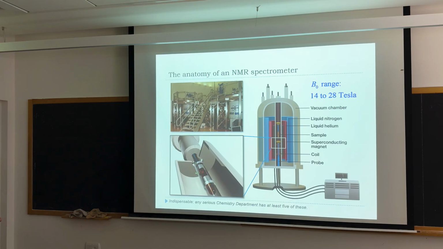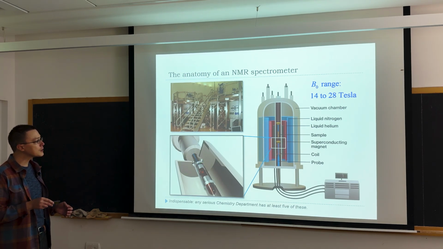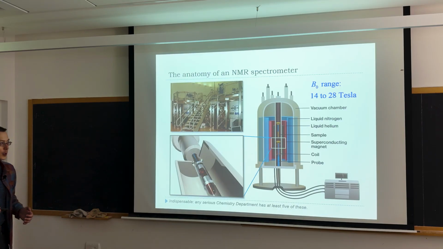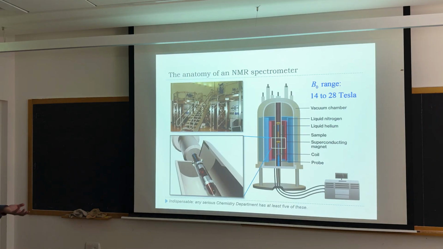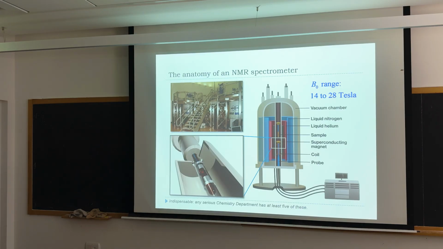That's the typical 5 millimeter magnetic resonance tube, positioned inside these electromagnetic coils, which are responsible for transmitting radio frequency magnetic fields that then, as we will see later in this course, manipulate our spins. Any serious chemistry department would have at least half a dozen of these.